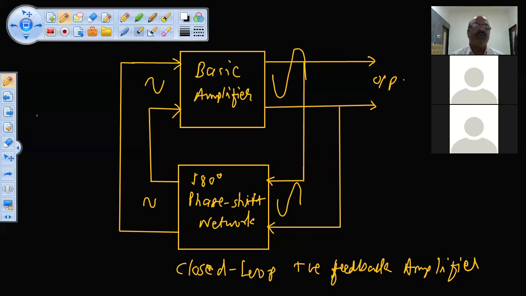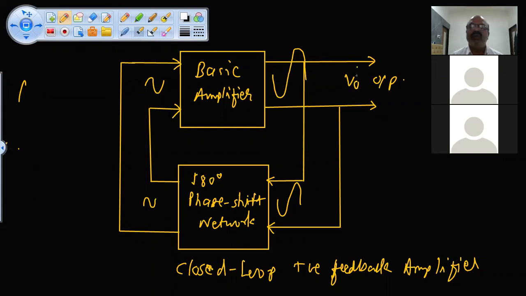But whenever you satisfy the Barkhausen criteria, this is K, suppose this is VO, which is applied here again. The same VO is applied here, and you get K times VO here. K is the feedback factor.